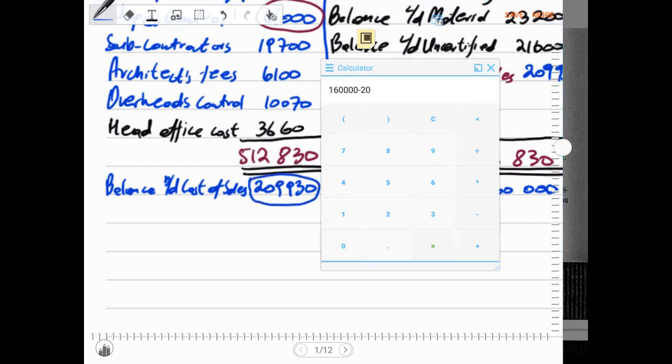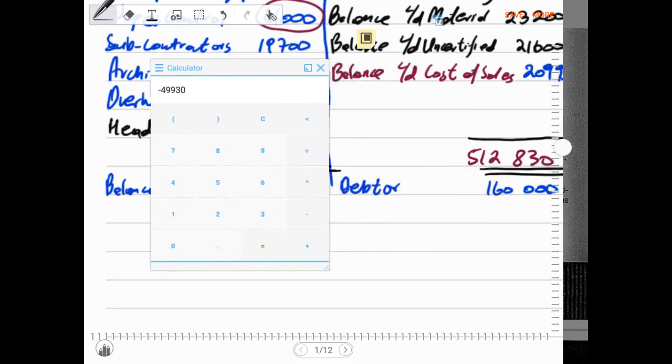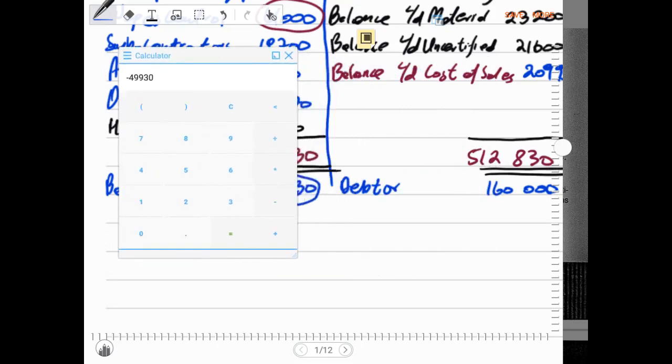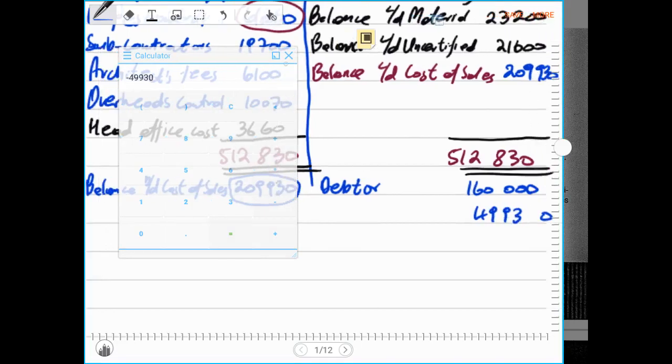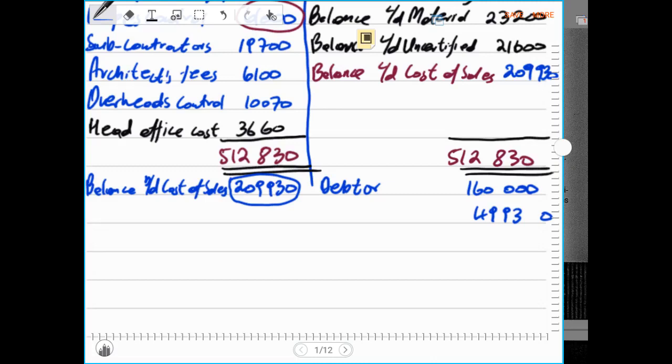So less 209,930. That means we have made a loss of 49,930 rands. That will be the profit or loss on the contract.